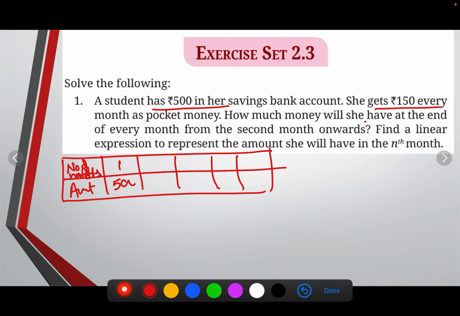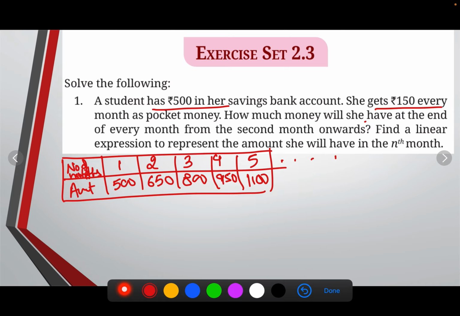So the first month it will be 500, second month plus 150, third month again 150, so it will be 800, fourth 950, fifth 1100 and so on.